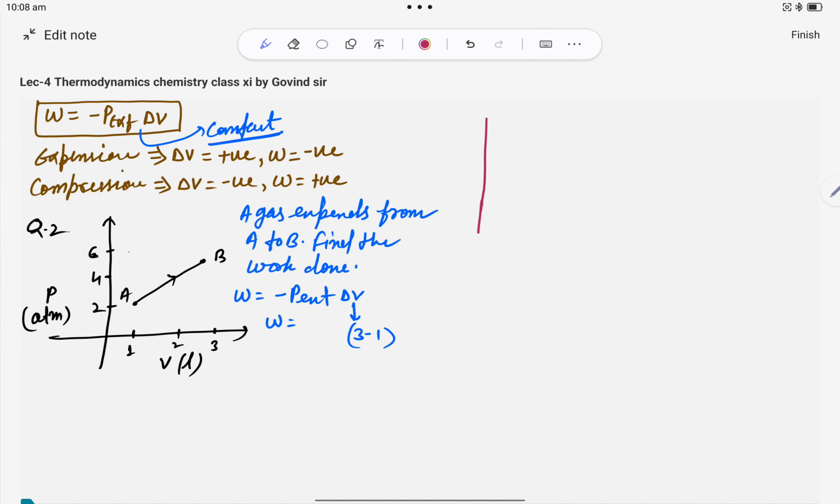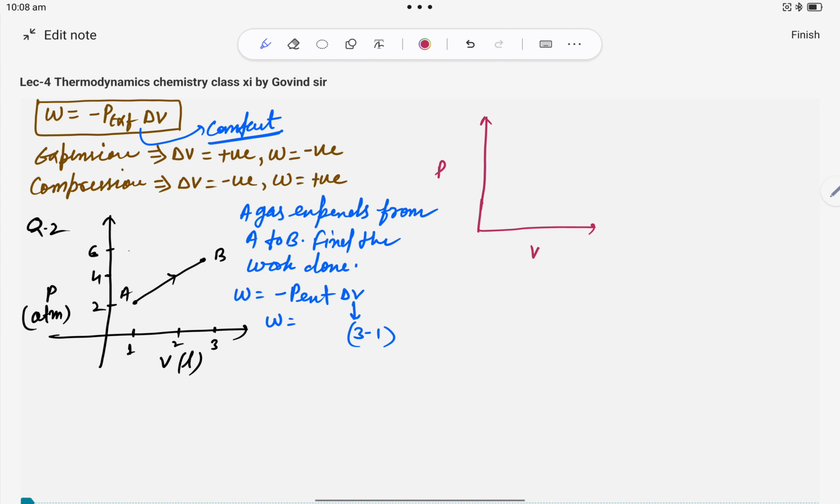Here again one graph, pressure versus volume, and the graph is like this. This line we have to increase.